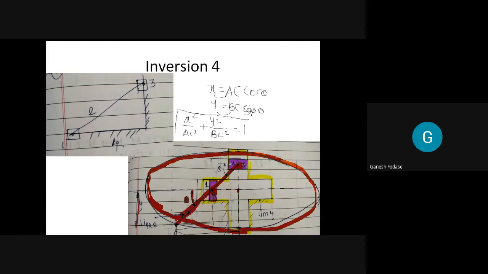So I told you why it is called the elliptical trammel, because we proved it geometrically also, and I already told you it is used to trace an ellipse. I will show you the animation also of how it is used to trace an ellipse, and we proved mathematically that this equation is of an ellipse. But one problem is there. Let's assume that this point C, which is at the end of the link, is not at the end point, but is at the midpoint of this AB.